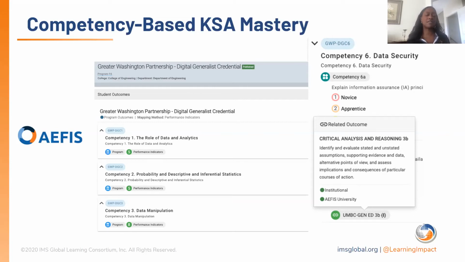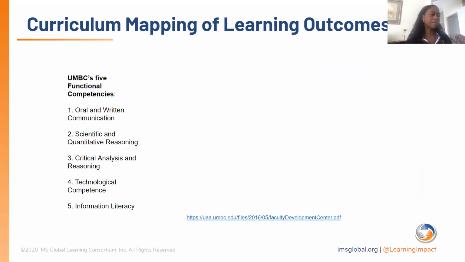And this is an intensive process. But what you end up with is exactly what Natasha said, a very transparent view for students to see where they're gaining certain skills and what courses, where their gaps are, and where they need to work to strengthen their particular skill set. So next slide.